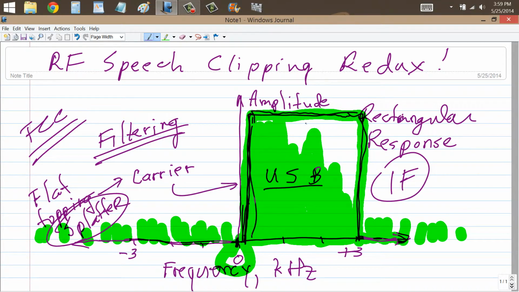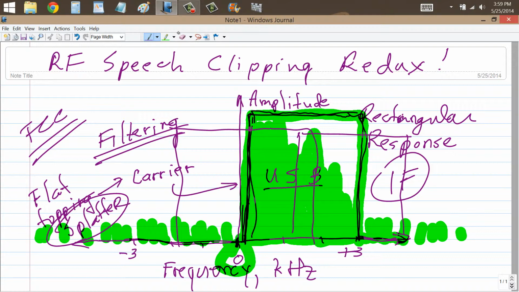For example, if that response were up here in the intermediate frequencies, the low frequency components of your voice would be lost. If the filter were a little too low, like down here, just a kilohertz or so too low, you'd lose all of that high energy there, and you'd also let a little bit of the splatter through in either of those cases. You don't want to do that. So that's a very critical alignment issue in a transmitter.